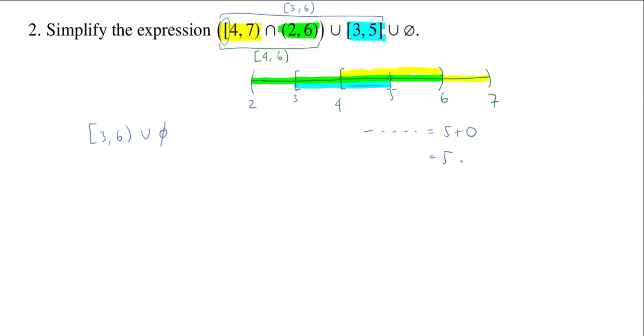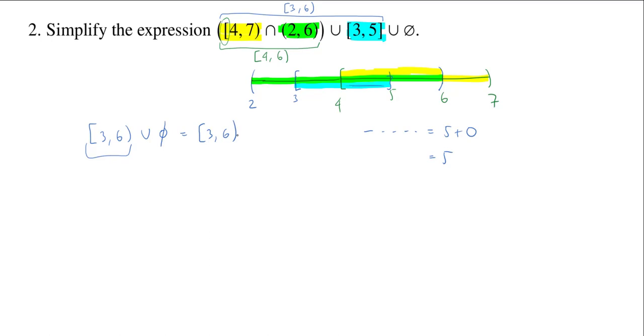I want you to write equals 5, but you just won't do it. And this is the same thing here, right? I'm unioning with the empty set. That means I'm looking at everything that's in both 3, 6, as well as in the empty set. Well, there's nothing in the empty set, so unioning with it is like adding 0. It does not change your set. So this is simply equal to 3, 6, where you include the 3 and you don't include the 6.